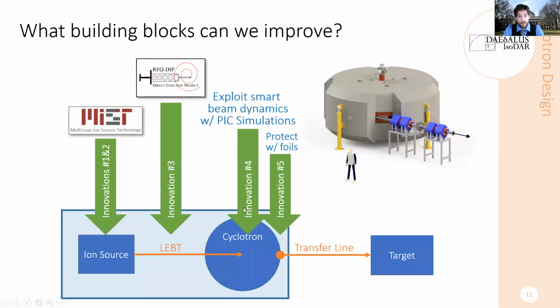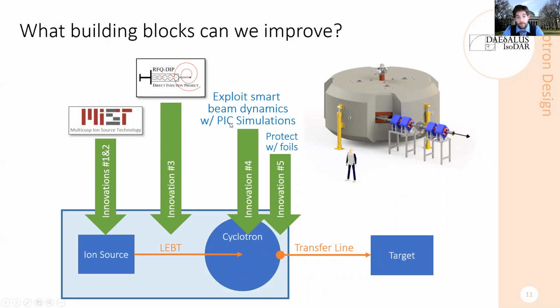And then we can also use an effect that was first seen at PSI Injector 2, which is called vortex motion. This is a beam dynamics effect that happens in isochronous cyclotrons, where the combination of space charge and external focusing leads to a kind of a curling up of the beam. And I'll show a number of pictures later.